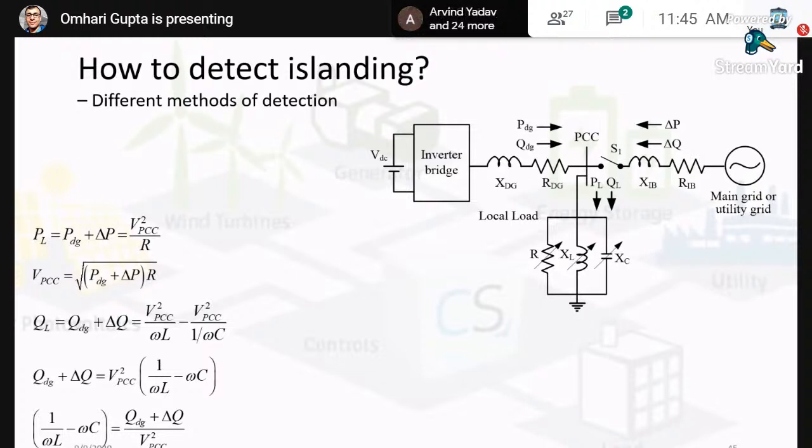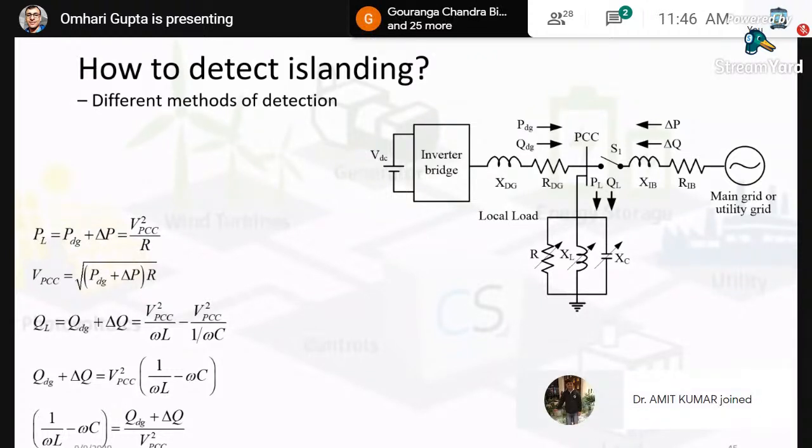Now, in this situation, we can write the equation for PL. The load power PL comes partly from the DG as well as from the grid. So PL is equal to PDG plus delta P. And this PL can be written in terms of the PCC voltage and the impedance of the load.